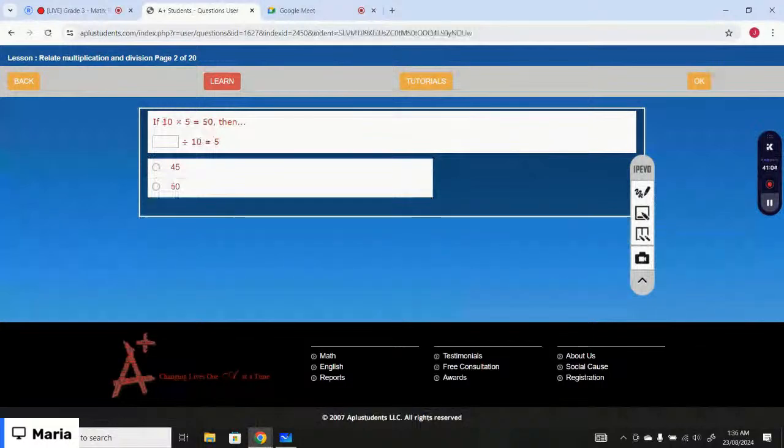If 10 times 5 is 50, then what number divided by 10 is 5, which is the correct option?